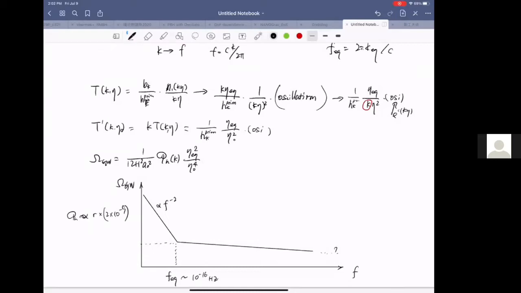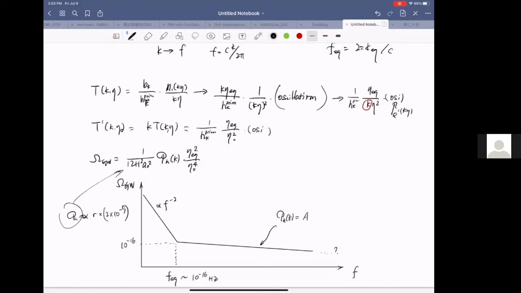So if you substitute this back into here and do some calculations, you will find that this is also around 10 to the -6. And a little bit of lean here reflects the slight dependence of the P of k here.